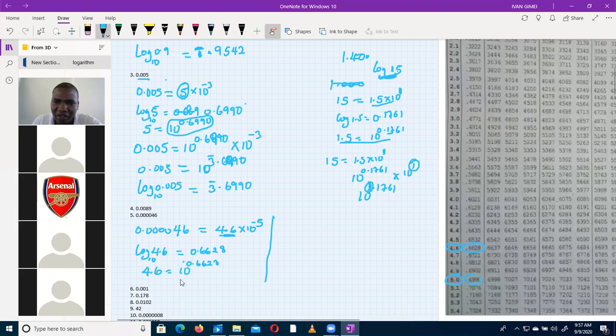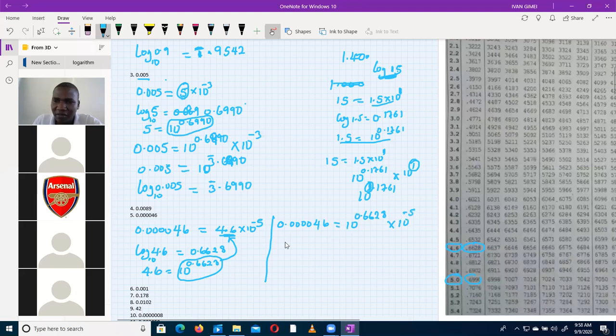I just carry the whole of this one here and put it here, where there is 4.6. That means my 0.000046 will be equivalent to 10 to the power of 0.6628 times 10 to the power of -5.